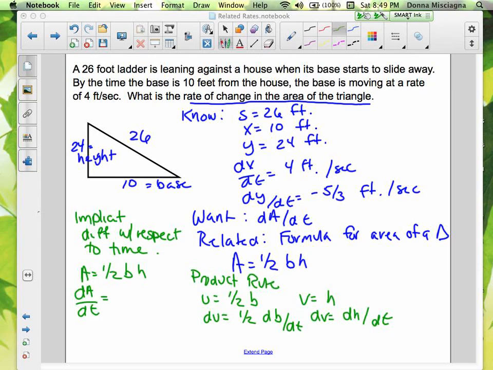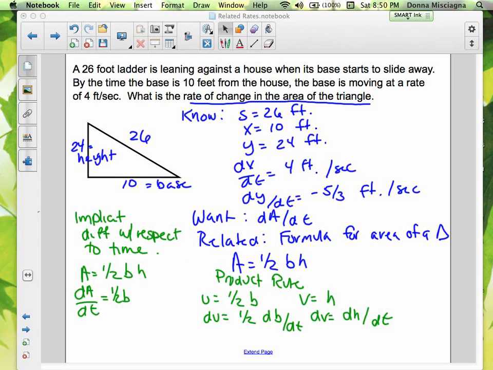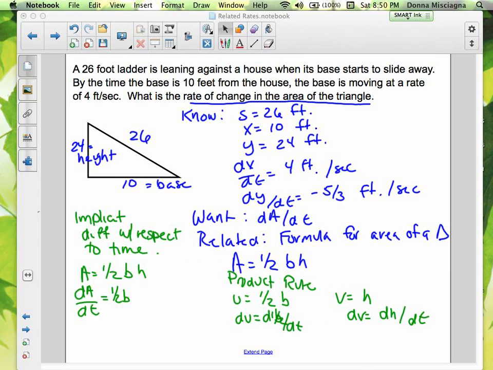So dA dt equals u, 1/2 b, times dh dt, plus the second times the derivative of the first.